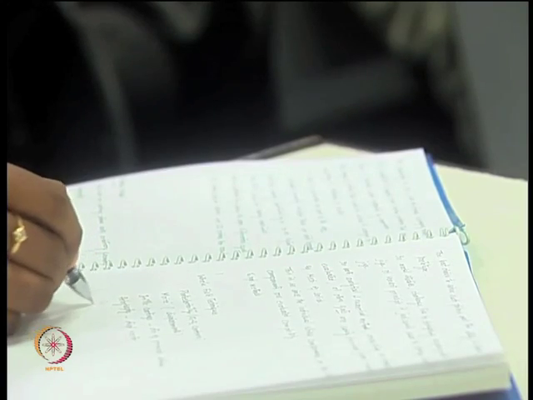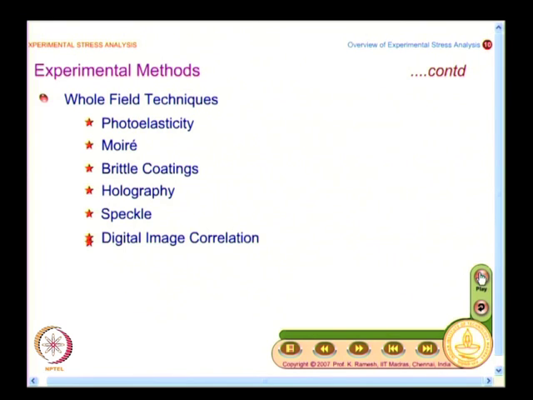And you have holography. Many of you must have seen holography as a sticker on many of the products. It is used mostly as a security device, but it is also a very good experimental technique, and you would essentially get the displacement vector. And you have speckle methods, which are a variation of holography, and one of the very recent experimental techniques is digital image correlation. This has an advantage of working at multi-scale.